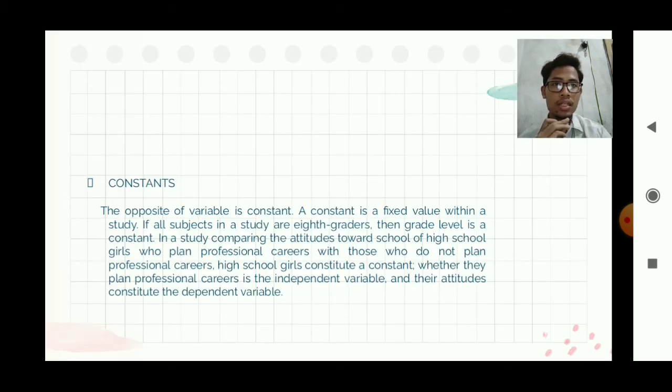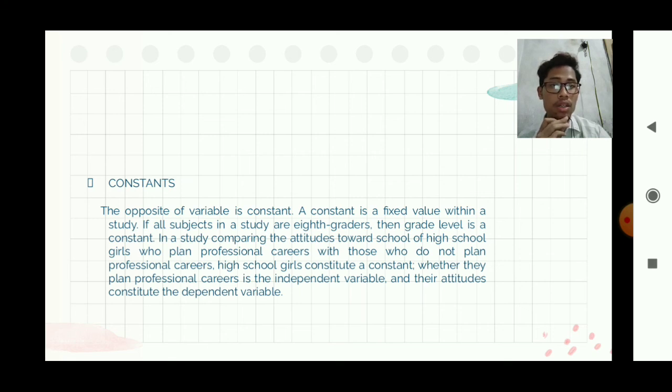And here is constant. The opposite of variable is constant. A constant is a fixed value within a study. If all subjects in a study have A grades, then grade level is a constant.